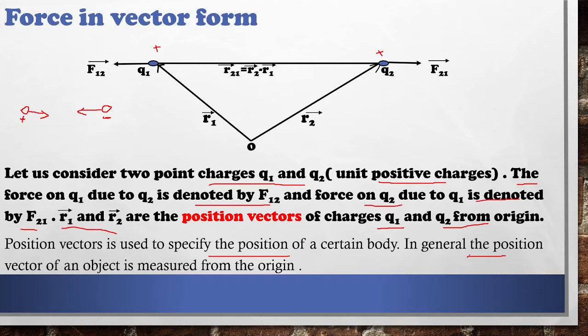In general, the position vector of an object is measured from the origin. Now let's look into this diagram once more. This is our origin, vector R1 is our position vector to Q1, and vector R2 is the position vector to our charge Q2. The distance between the charges is vector R21, which is equal to vector R2 minus vector R1.